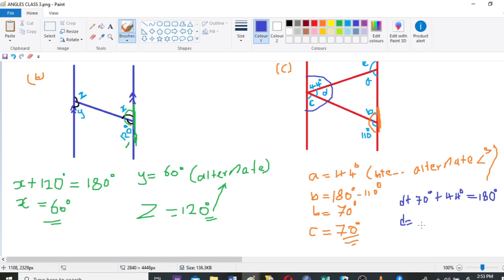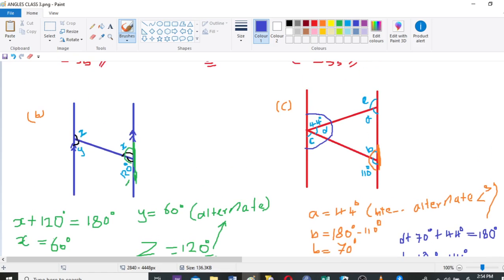Now when you get that 114, you subtract it from 180, and that will give you 66. So 180 minus 114 degrees, and the size of this angle D is going to be 66 degrees.